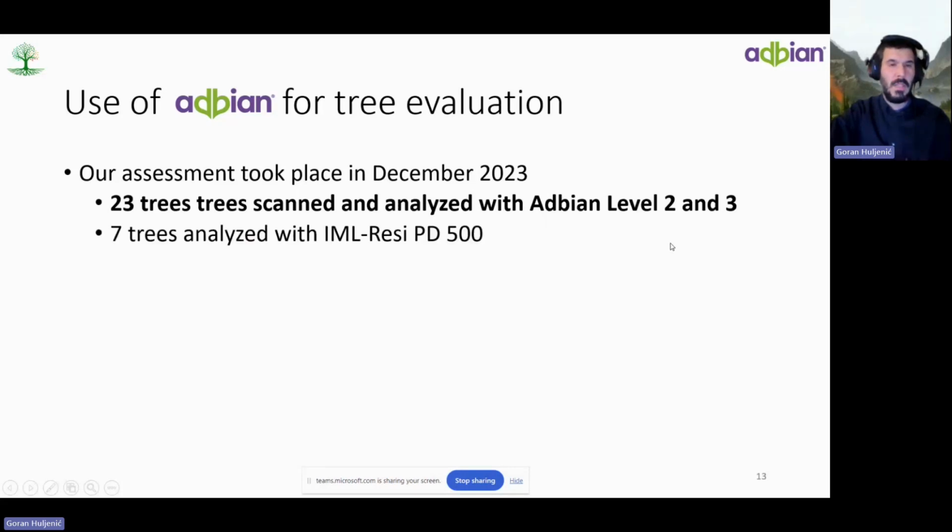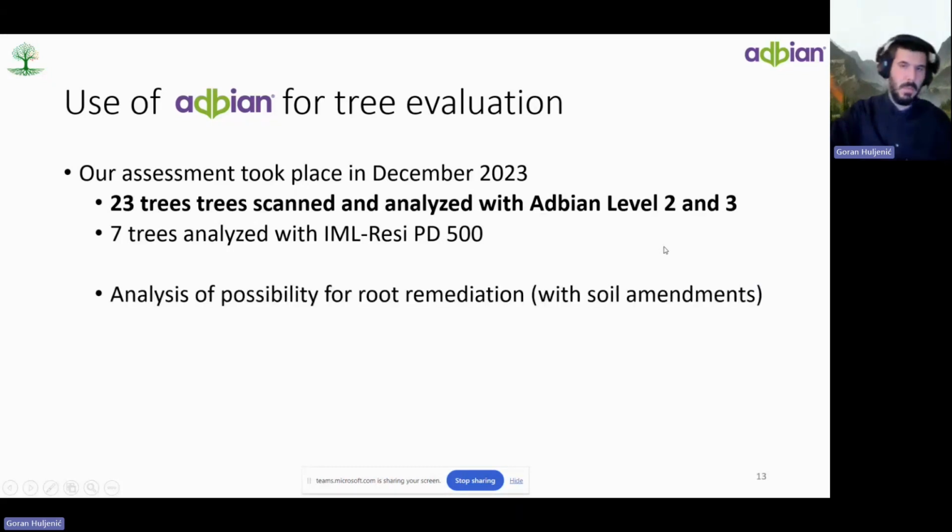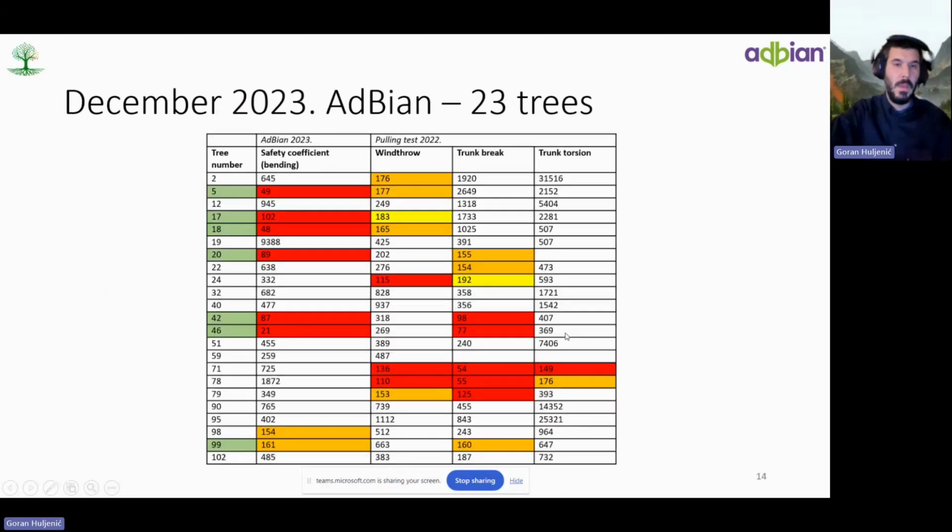And we analyzed 7 trees with EML Resi PD 500, because the public institution wanted to know what was going on with some of the stems, why they showed not so great results on the pulling test. And we further analyzed the possibility for root remediation with soil amendments.